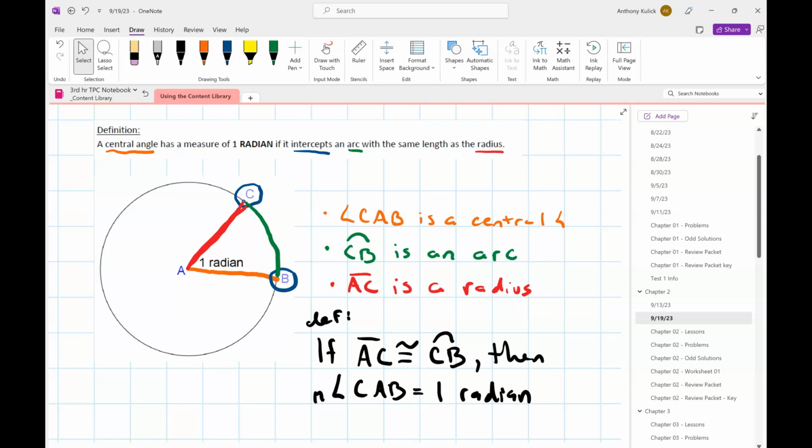Now, we have these 2 units that we can measure an angle with. We have degrees, we have radians. Whenever we have 2 different units available to us, what do we need to make next? If you have inches and you have centimeters, what else do you need?